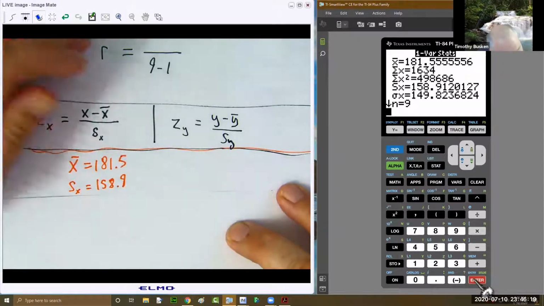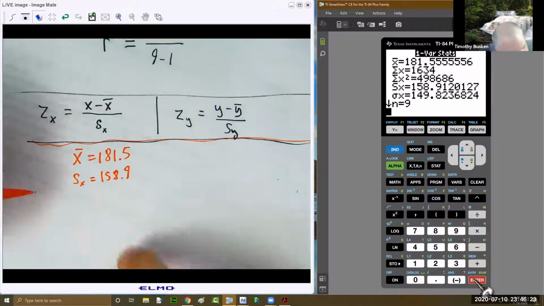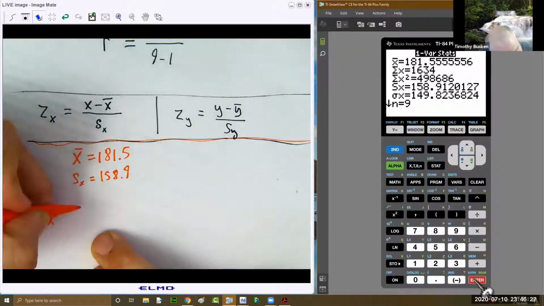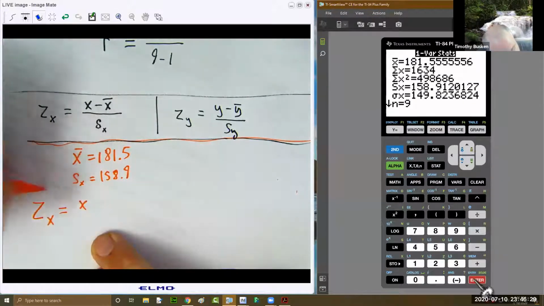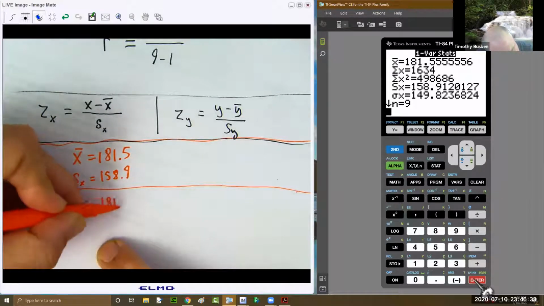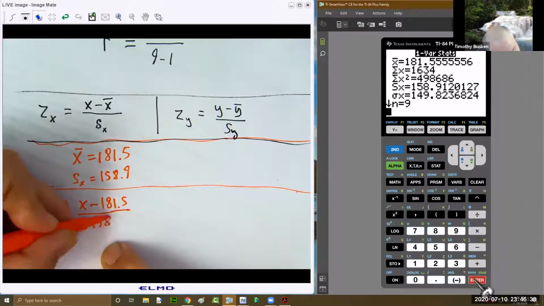That means the z-score formula for zx simplifies to zx equals x minus 181.5, divided by 158.9.